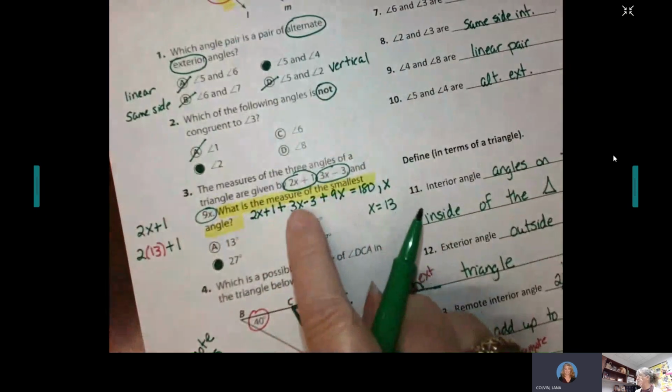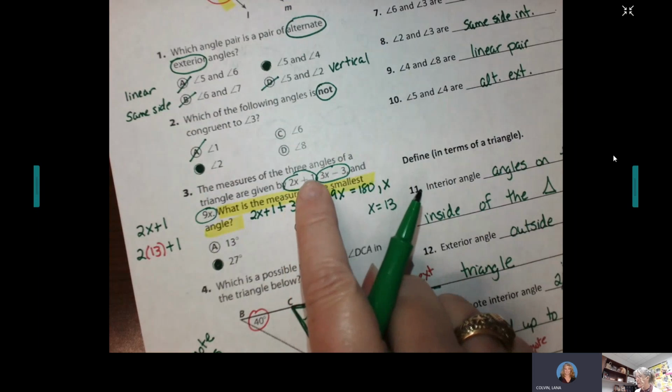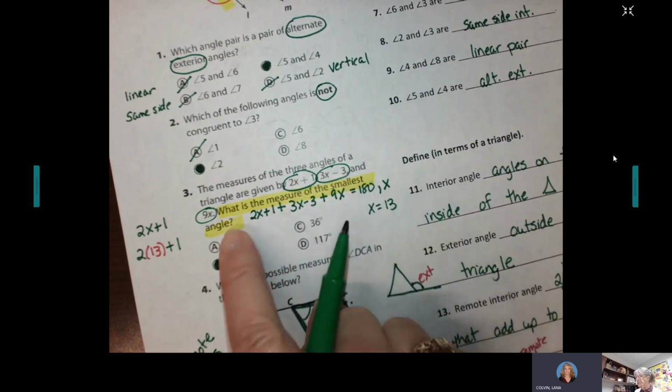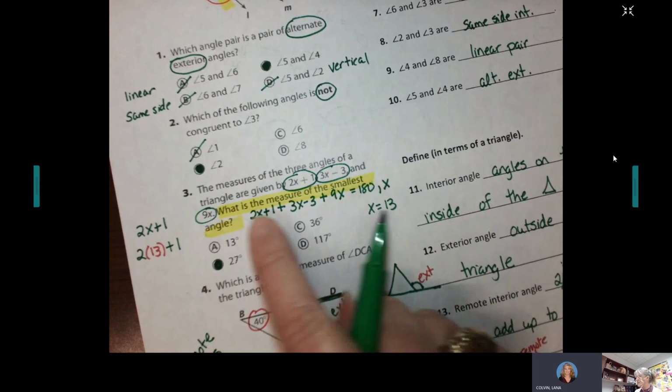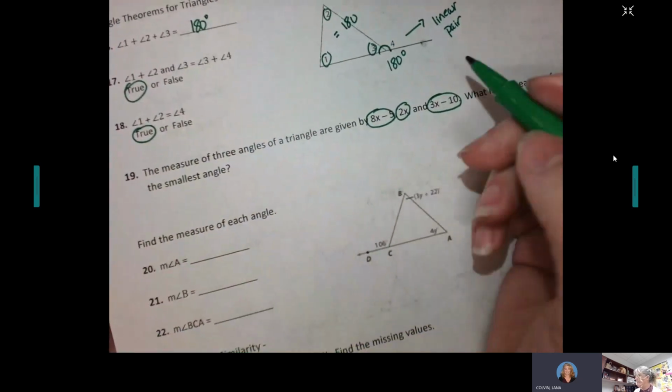Very similar to what we did right here. Remember what we did right here? We went 2x plus 1 plus 3x minus 3 plus 9x equals 180. You see it? Same concept here. Help me set it up.